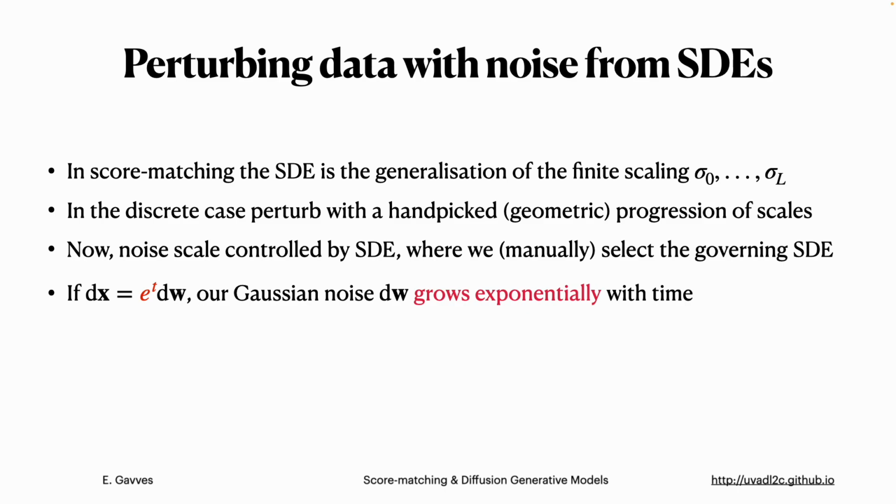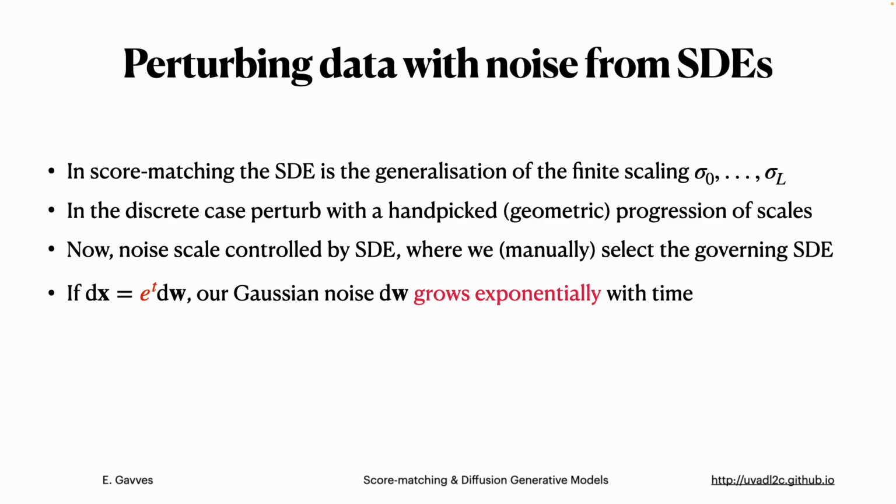So in score matching, the SDE is the generalization of having a lot of specific finite scales. In the discrete case, we perturb with hand-picked noise scales using a geometric progression. So we literally have to define in our config file, okay, these are our noise scales with this particular maximum noise per scale.